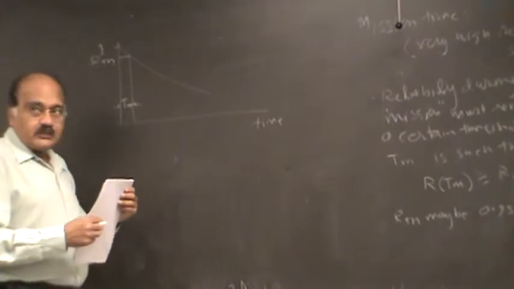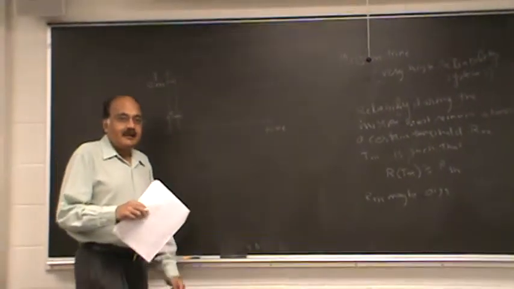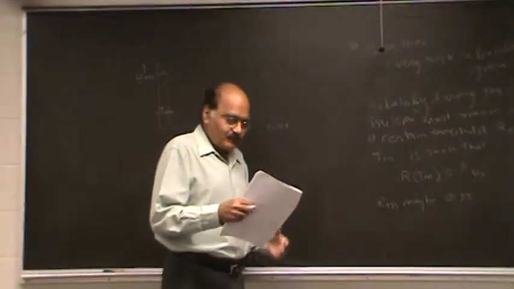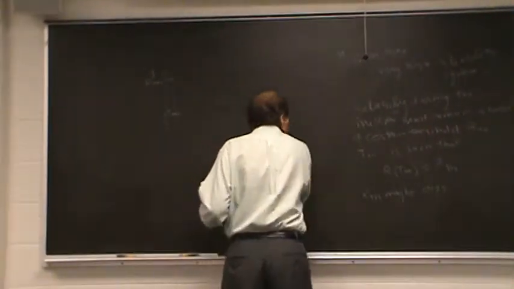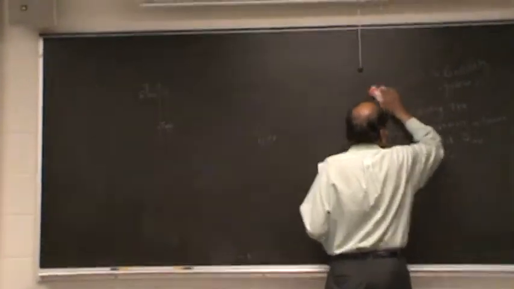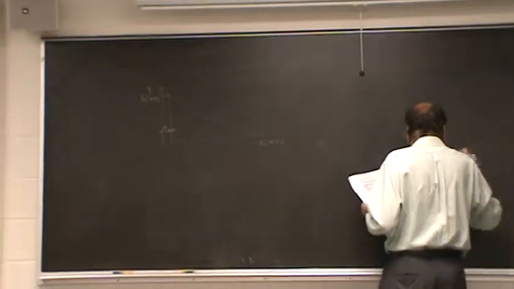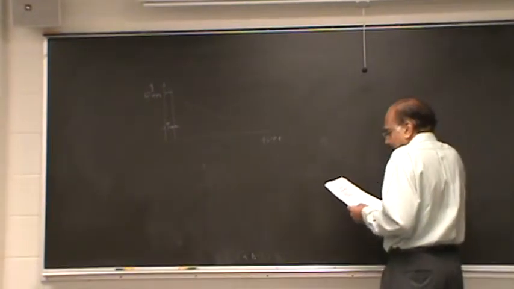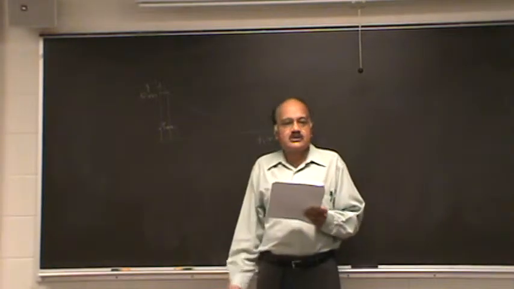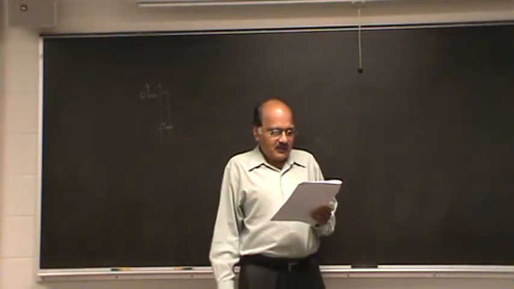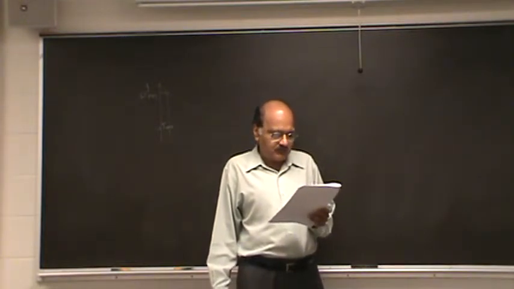Okay, now let us look at two cases. These are the basic cases. First we are going to consider a system which is subject to permanent failures. And next we are going to consider a system which is subject to temporary failures.